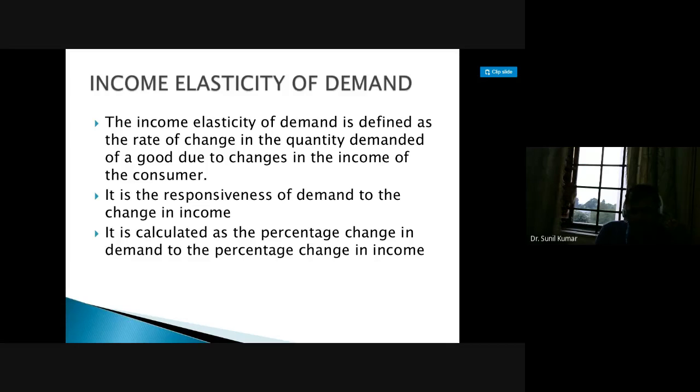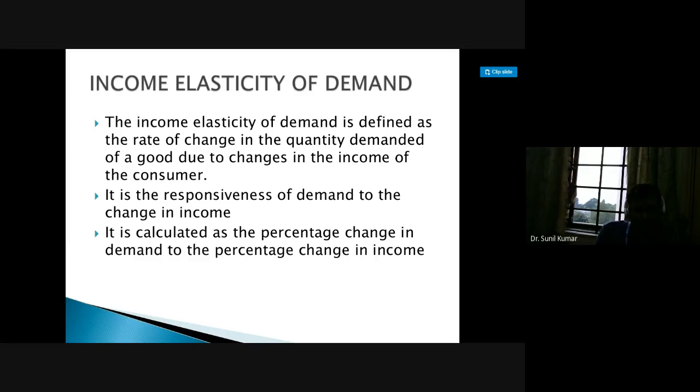And if there is percentage, you may write like that: the percentage change in quantity demand resulting from the percentage change in income, that's also right.